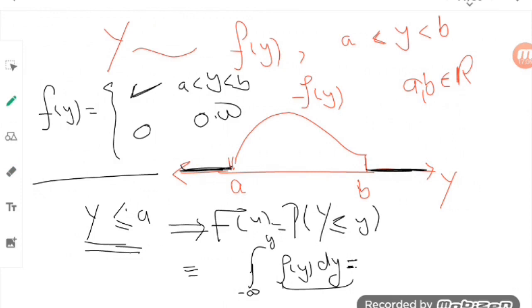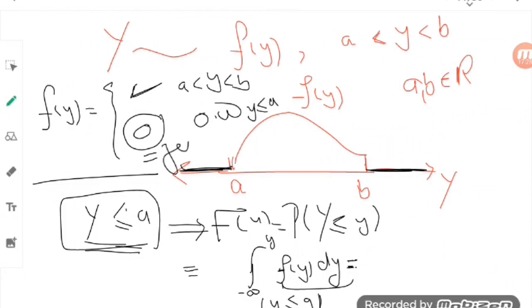Here if we have y less than or equal to a, what is the value of the PDF? In fact, when y is less than or equal to a, the value of the PDF equals 0. So within this interval, the PDF is not defined. So this will be the integration from negative infinity to y of the 0 function dy, which is 0.